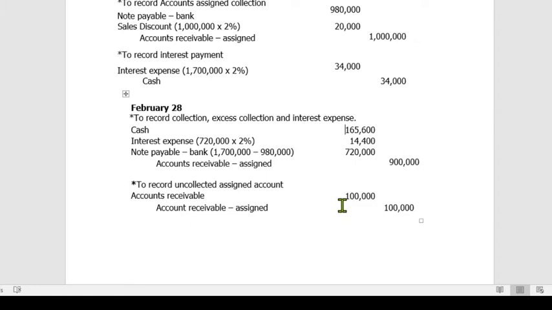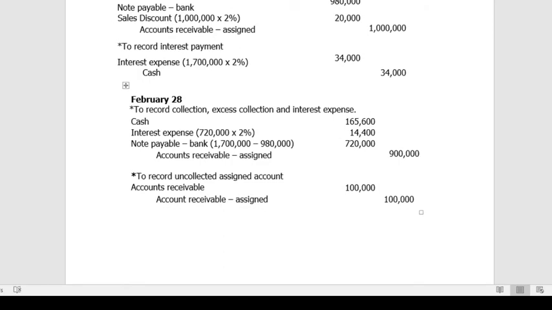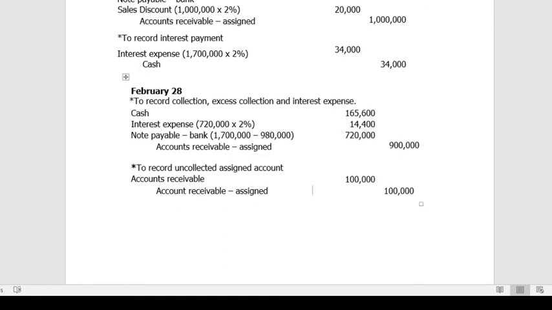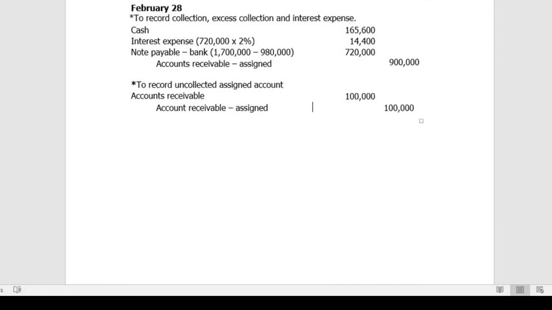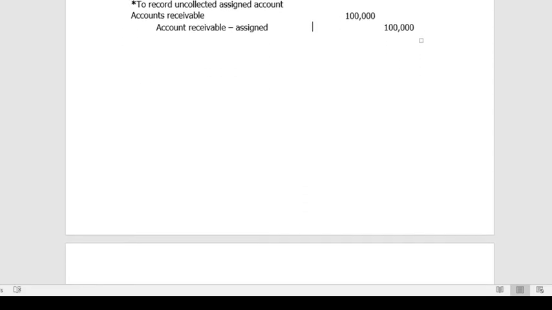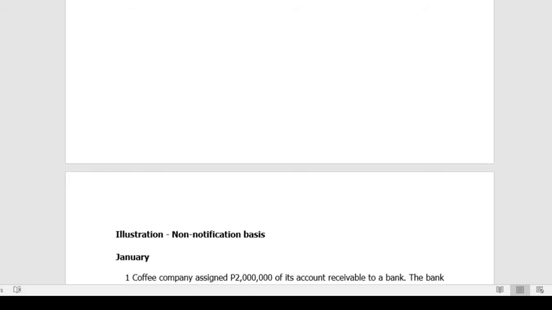So, to record the uncollected assigned account, you have to debit accounts receivable and then credit accounts receivable assigned. Kasi, tapos na yung assignment of accounts receivable mo kay bank. So, dapat i-set up mo siya uli as your accounts receivable. Okay, so I think that ends the discussion on notification basis.